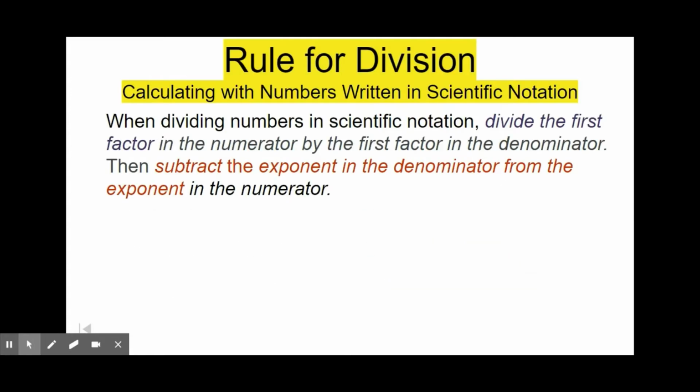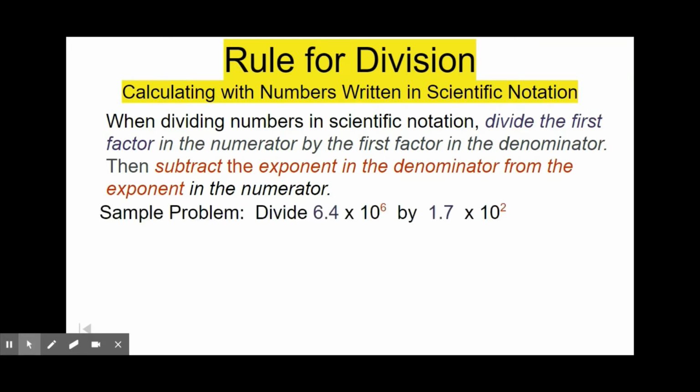Let's discuss division. When we're dividing numbers in scientific notation, you'll divide the first factor in the numerator by the first factor in the denominator. Then you'll subtract the exponent in the denominator from the exponent in the numerator. So I'm going to divide 6.4 times 10 to the sixth by 1.7 times 10 to the second.